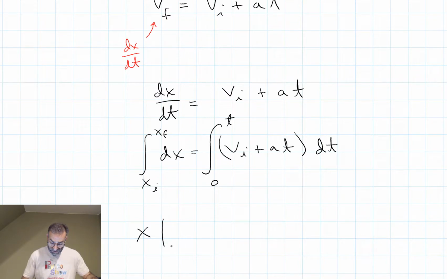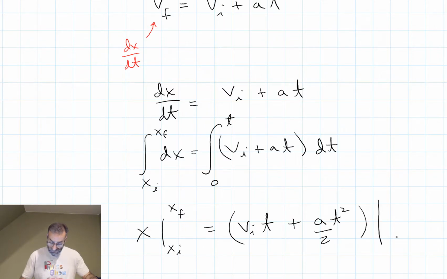So I've got x evaluated for its limits. I've got v initial t plus a over 2 t squared, evaluated from t initial, which is 0, to t final, which is t.